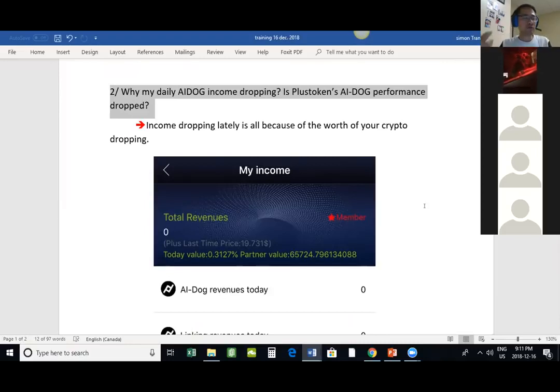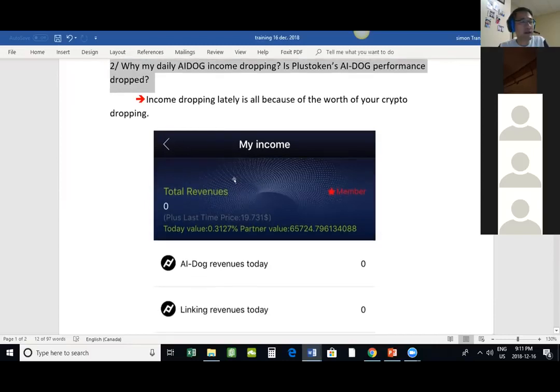How do you know the performance? Every single day, if you go to your back office, on an Android phone you click my profile, on an iPhone you click I, and then you click on my income or my earning. For example, today you see the value 0.3127%.